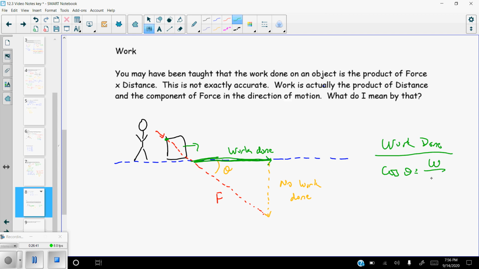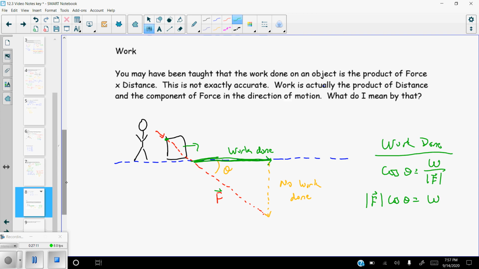So the work done over the magnitude of the force. Let me go ahead and rewrite that. Magnitude of the force. And that is a vector, so I should be putting that vector symbol on top of there. So if I want to solve for work, it's just going to be magnitude of the force, cosine of the angle in between, is the work done.